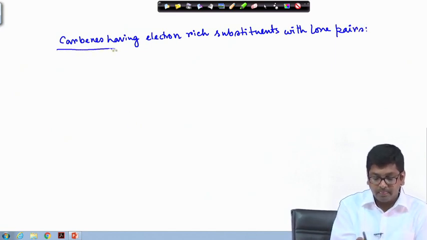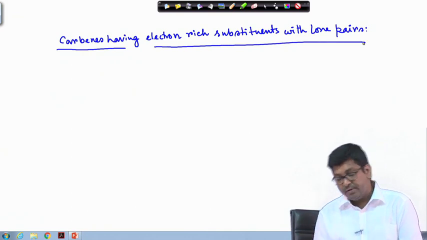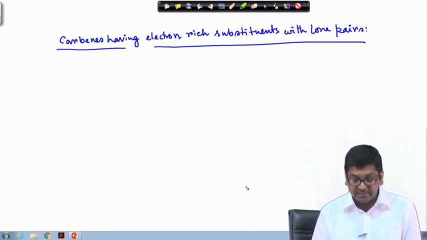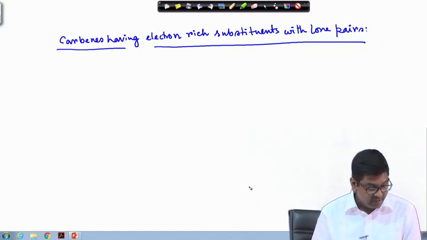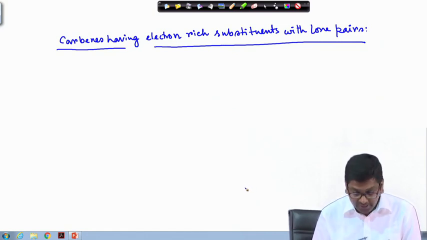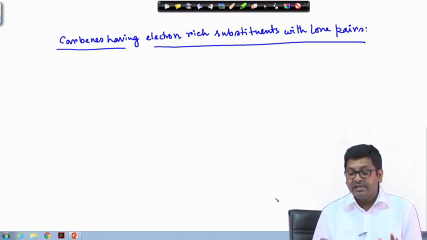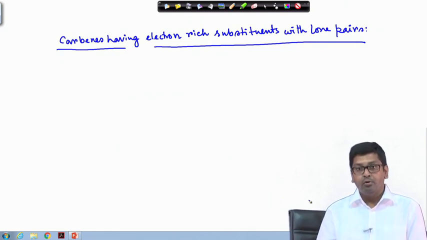So, previously what have we learned? We have learned carbenes having sigma electron donating substituents. Now, what will we learn? We will learn carbenes having electron rich substituents with lone pairs.